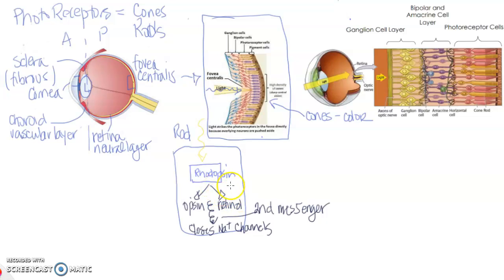This process of the breaking down of rhodopsin is called bleaching. And when that happens, it closes these sodium gates and it creates sort of a hyperpolarized condition on the membrane. So it becomes hyperpolarized here.